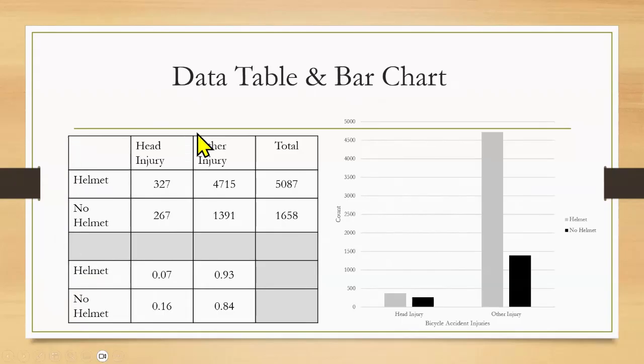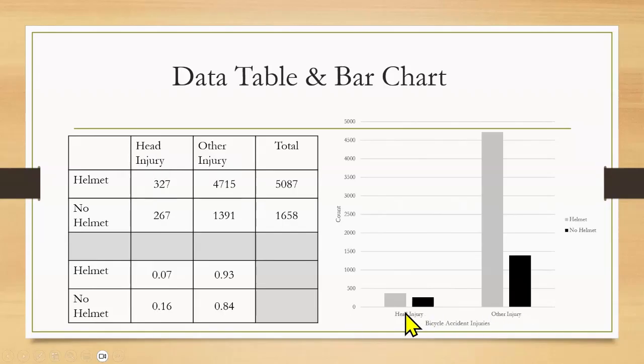And it's pretty easy to make these graphs. You just highlight the data table, including the labels, and it'll make you a nice bar chart. It'll put the variable that is on the rows into the legend, and then it will put the other variable on the x-axis.